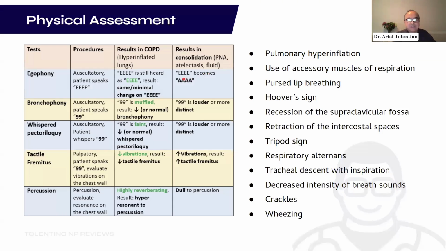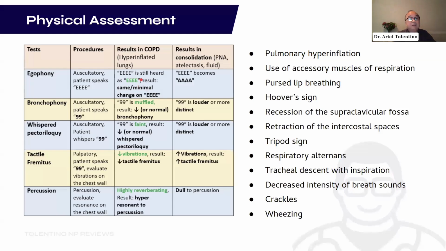Now, let's discuss this systematically. Let's start with egophony. With egophony, this is an auscultatory test wherein the patient is instructed to say E. Okay. Now, this E sound on your auscultation will be heard also as an E quality of a sound if the patient has hyperinflated lungs.